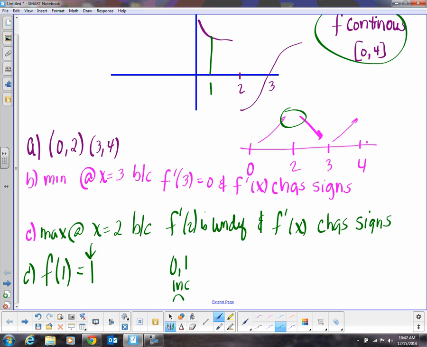Down, because the first derivative is decreasing. From 1 to 2, the graph is still increasing, and it's concave down. What about 2 to 3? Decreasing and concave up. What about 3 to 4? Increasing because it's above the x-axis, and it's still increasing, so it's still concave up.